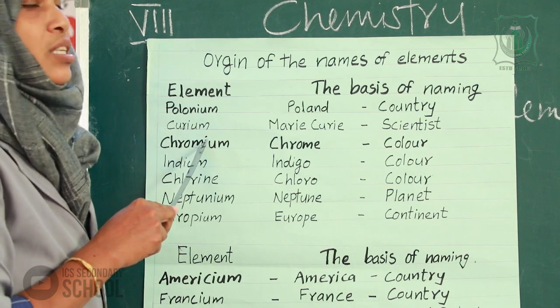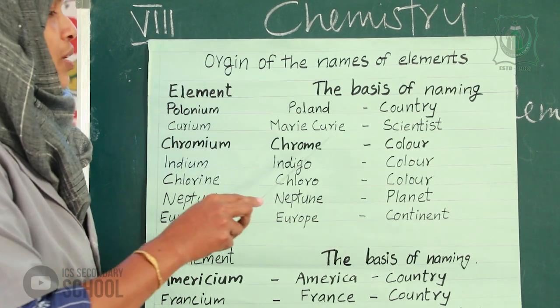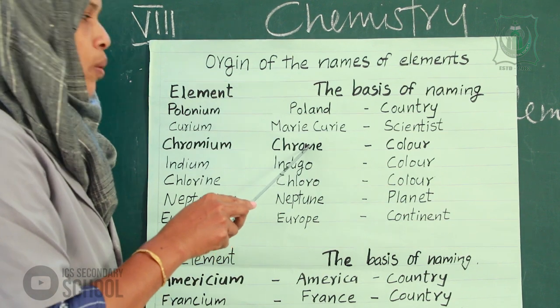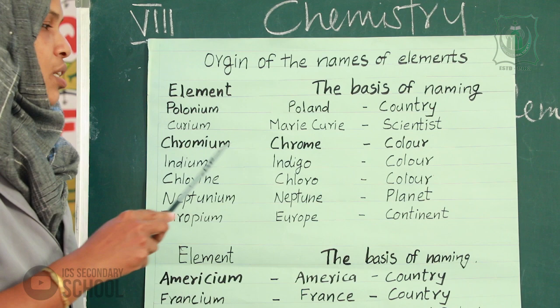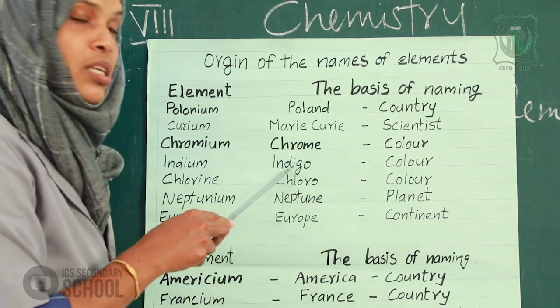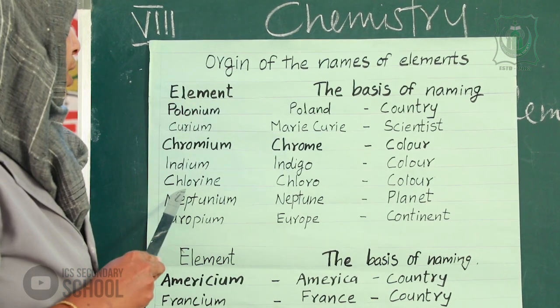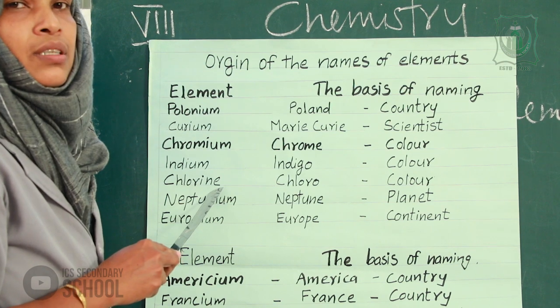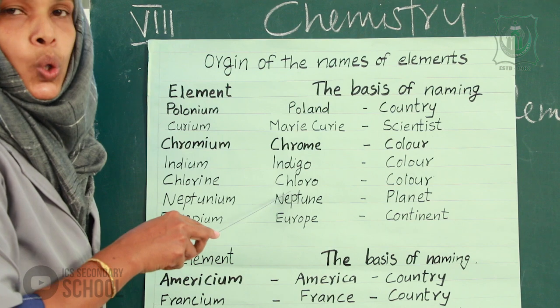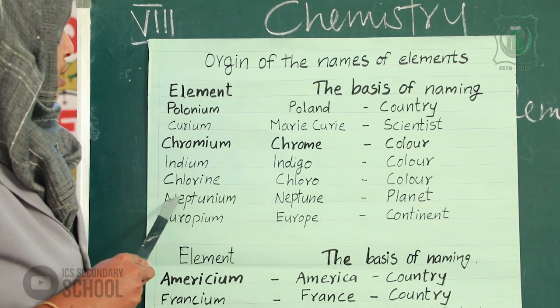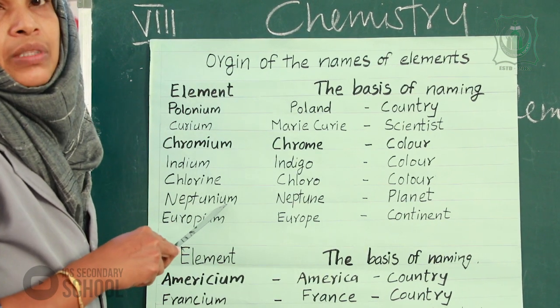The name originates from its color, chrome. Next, indium. Name originated from the color indigo. Next one, chlorine. It also originated from its color, chloro. Next, neptunium.